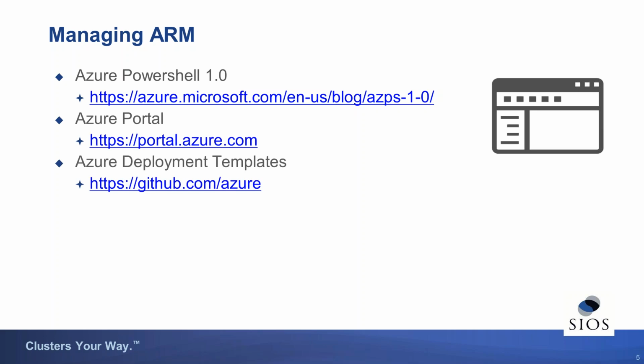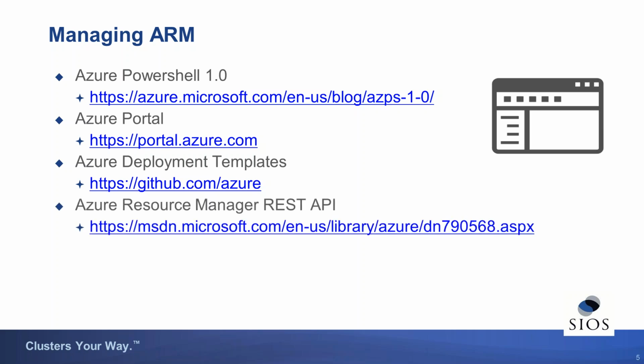But now there's the concept of these Azure deployment templates. Out on GitHub, there are numerous predefined templates that you can leverage either as is, or take the code examples that are out there and customize them to your specifications to help you deploy your resources consistently.